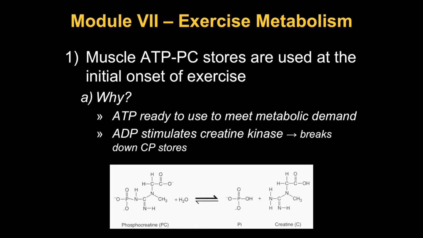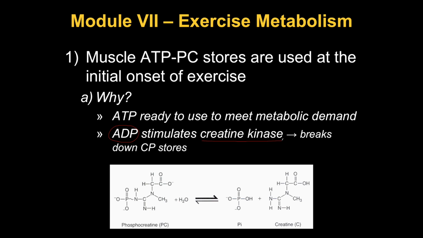The reason why we start to tap into creatine phosphate refers back to the fact that when we break apart ATP, we end up with ADP, which actually stimulates creatine kinase. And creatine kinase is the enzyme that actually breaks apart creatine phosphate stores. So if you start thinking about the metabolites of metabolism, ADP is a metabolite of ATP breaking apart, the hydrolysis of ATP.